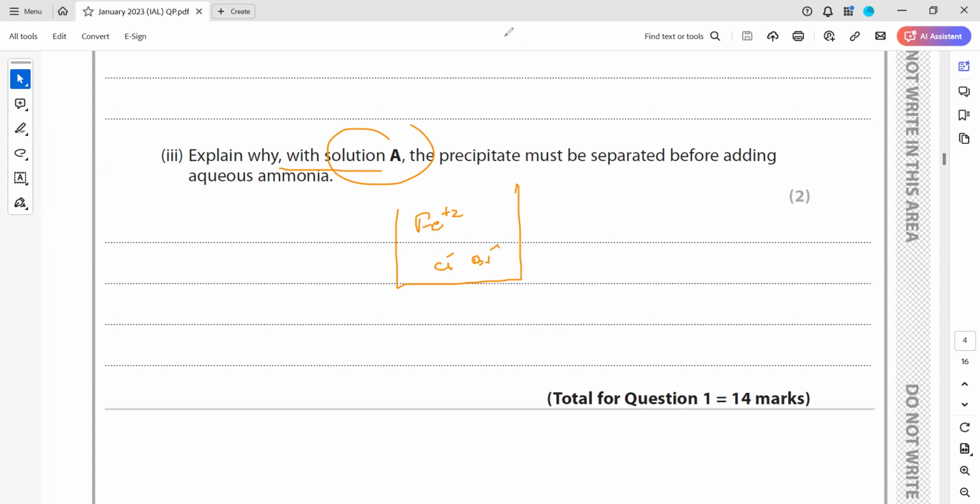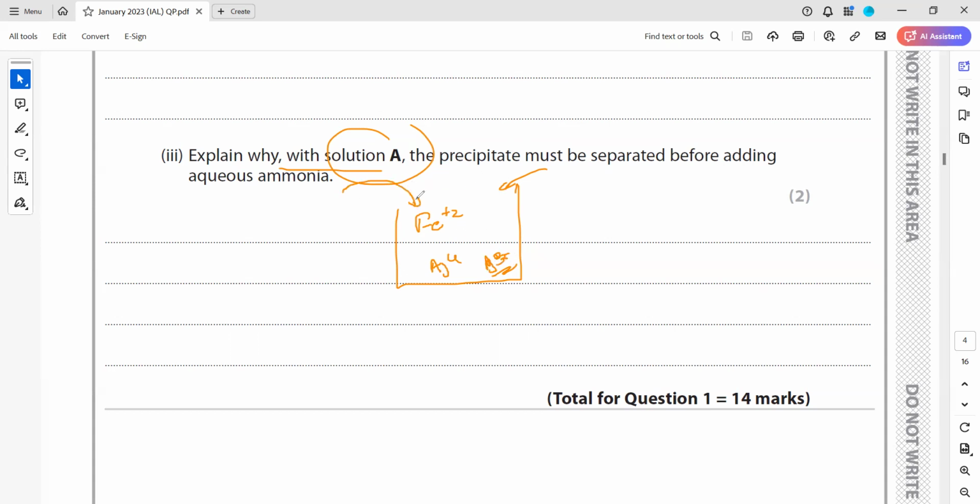When we add nitric acid followed by silver nitrate, if it was chloride it will form AgCl precipitate. If it is bromide, it will form AgBr. Now, why should we filter off?